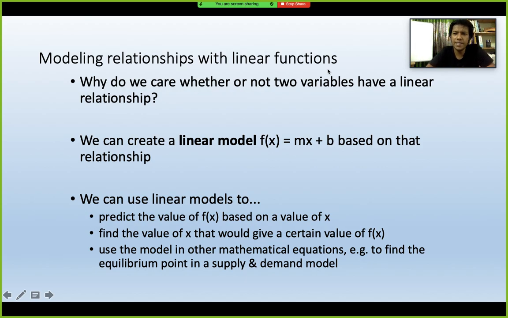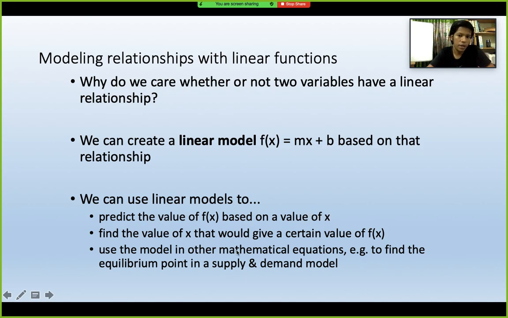So what is the benefit of modeling all these things? I already said a bit. If we can model it, then we can predict the future. We can predict the f of x based on the value of x. f of x means y. We can find out the value of y for the value of x.